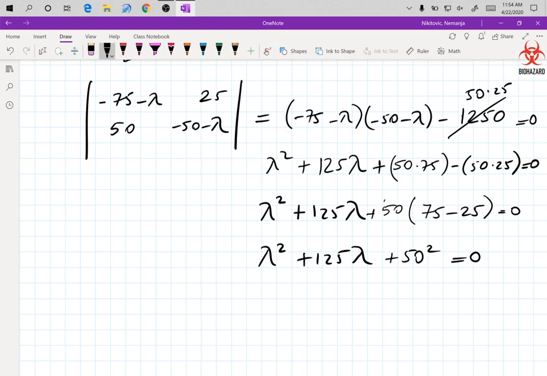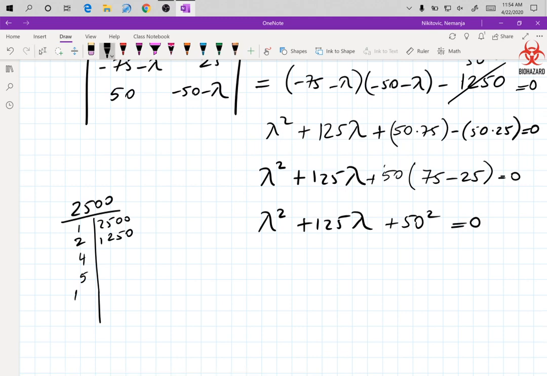So what are the factors of 2500? Well, 1 and 2500. 2 and 1250. 3 doesn't work. 4 does work, but 4 is not going to work here. No. 5: the difference is too small to make 125. So 5 doesn't work. How about 10? 10 and 250.